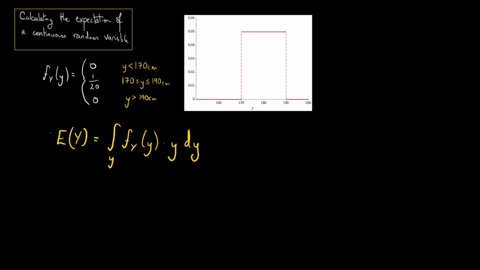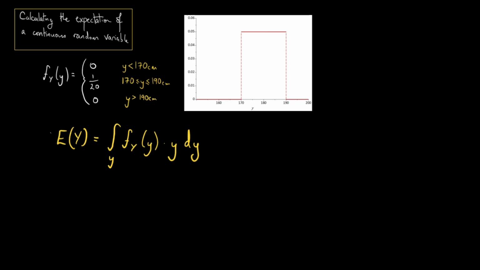Now, we've got three sections to this integral. We've got the section where the probability density function is 0 between minus infinity and 170 centimeters. We've got the section where it's non-zero between 170 and 190 centimeters, and we've got the section where it's 0 again for y greater than 190 centimeters.